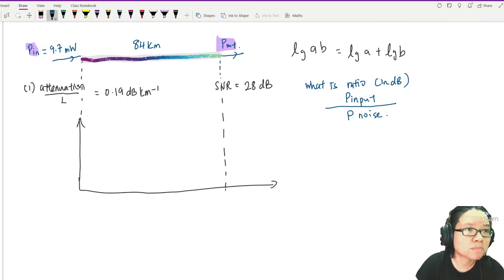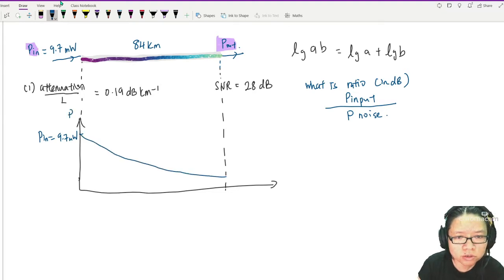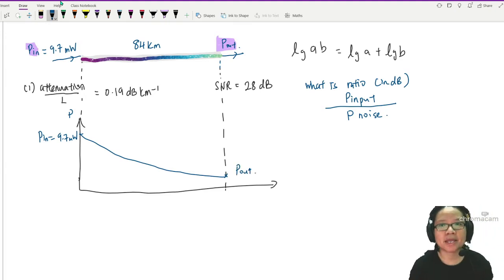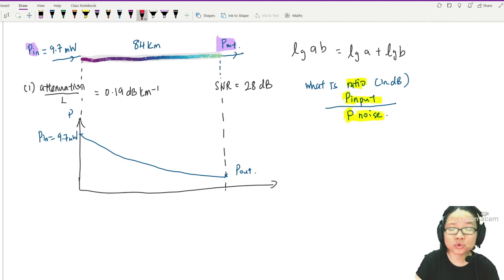So this power signal, I know P in is 9.7 milliwatt. The power is going to drop until here. I'm not sure what P out is. This is P out. And you are asked to find the ratio of the input power to noise. Okay, so I will show you the normal way, which is not the way they expect you to do.